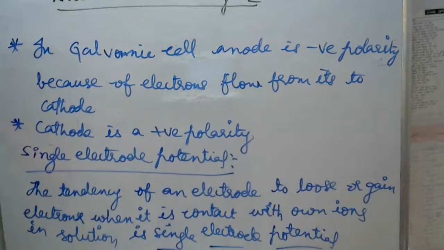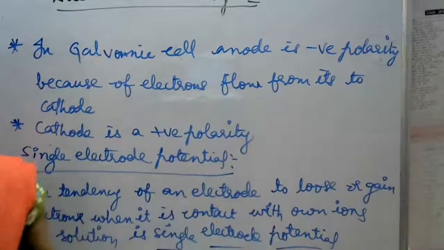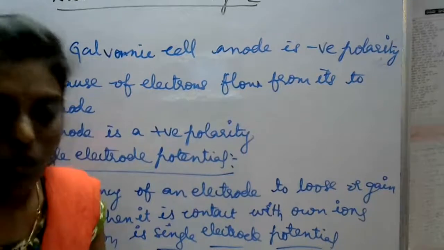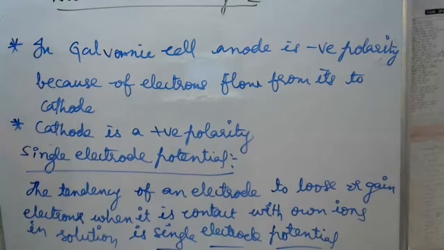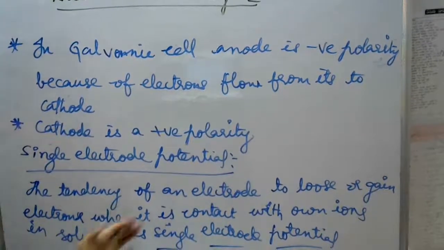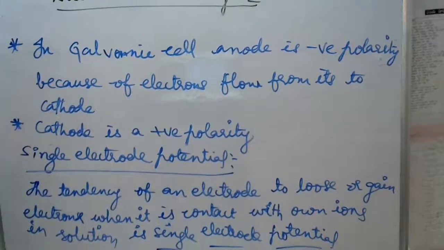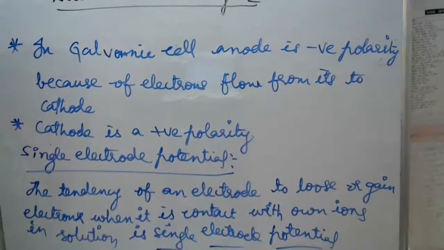The tendency of losing electrons means it gets oxidized, which is called oxidation potential. The tendency of gaining electrons is reduction, called reduction potential. Both oxidation and reduction take place at the same electrode.